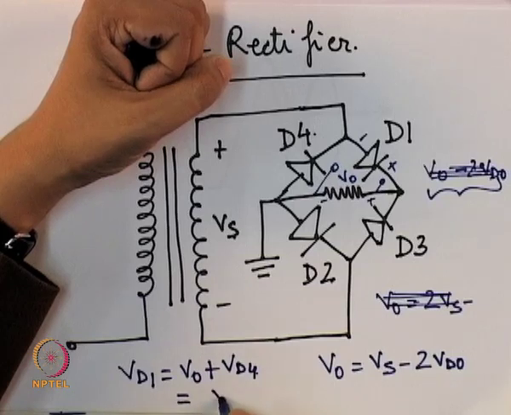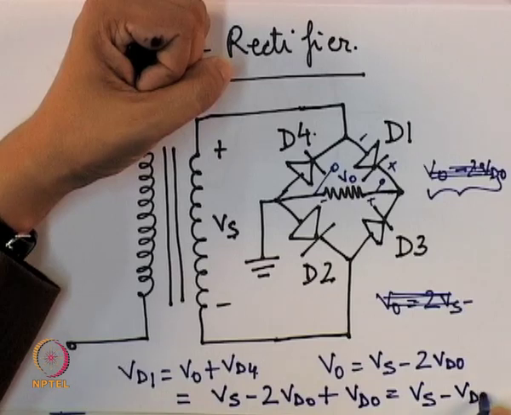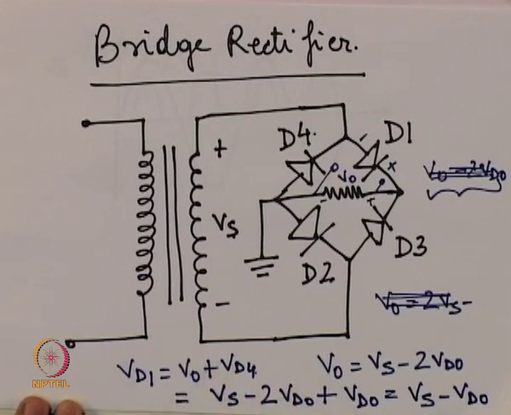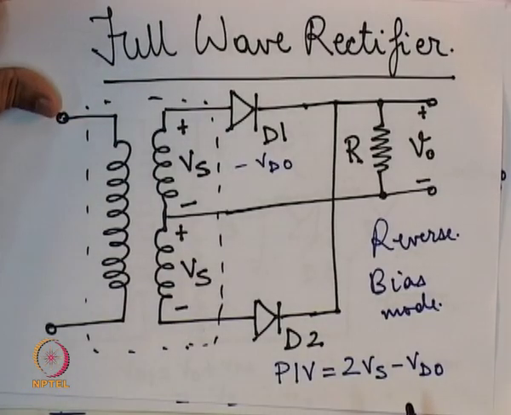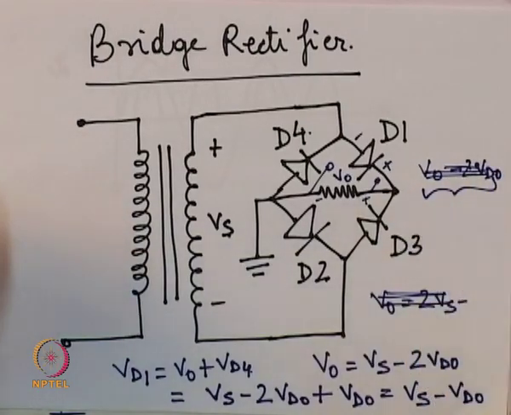So, this will be equal to Vs minus 2 VD0 plus VD0, which is equal to Vs minus VD0. So, what we see here is that for the bridge rectifier, the peak inversion voltage is equal to Vs minus VD0, which is much less compared to the peak inversion voltage for a full wave rectifier, which was equal to 2 Vs minus VD0. So, that is one big advantage of the bridge rectifier, in that the diodes do not break down easily.